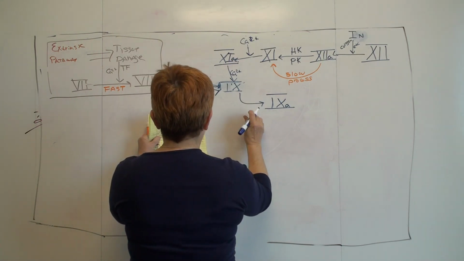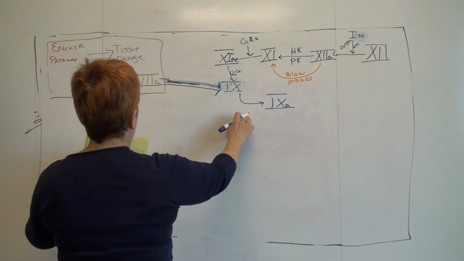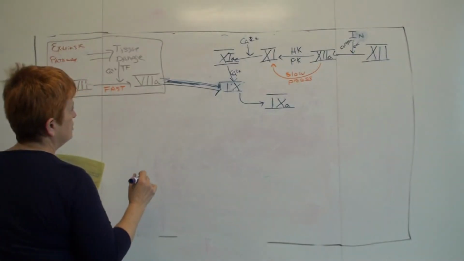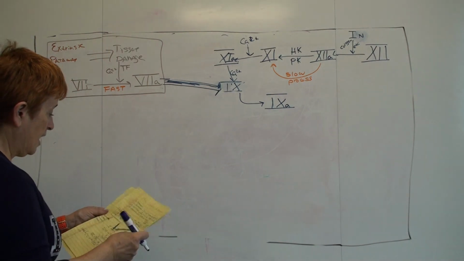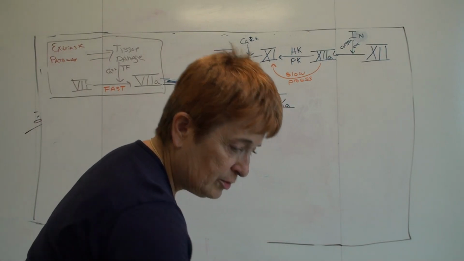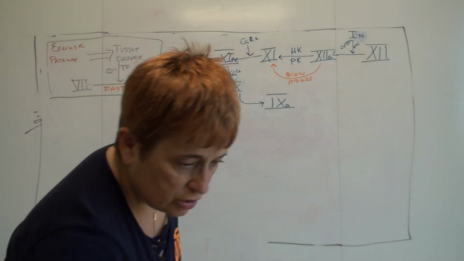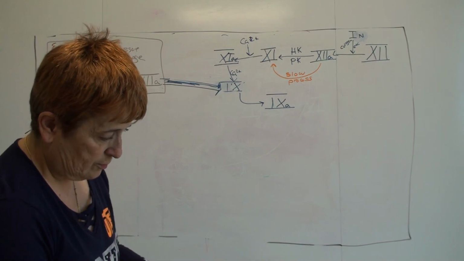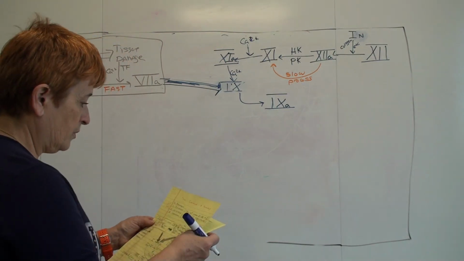Now, we also said that 7A and 9 go down into 10, right? I want to make sure I said that right. Did I put that here? No, I didn't put that there. Where did I put it? Oh, it's right here. Yeah.